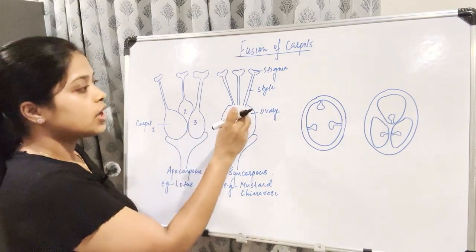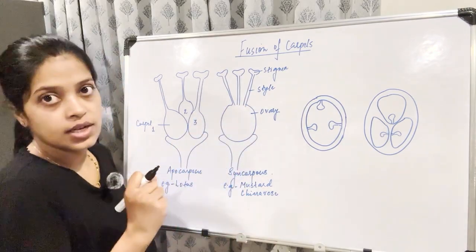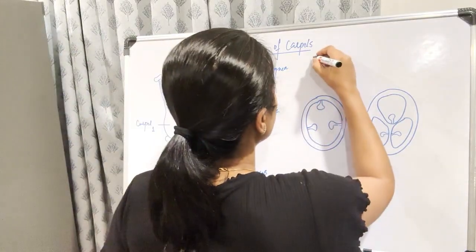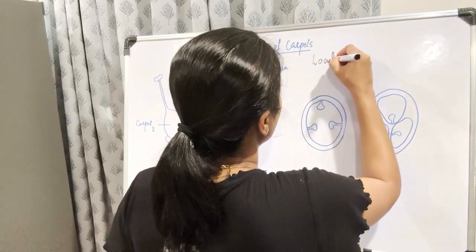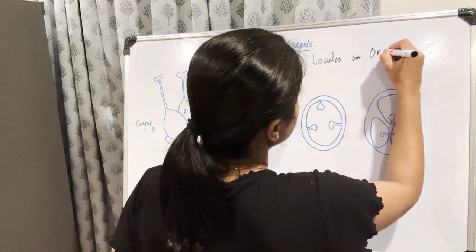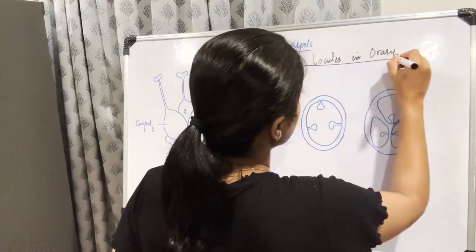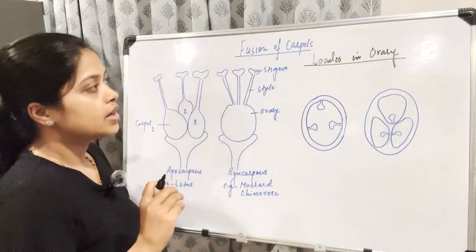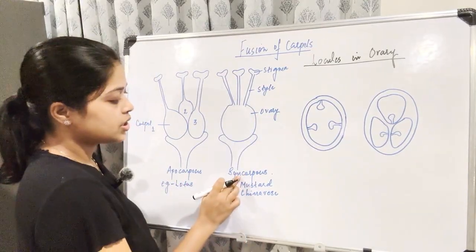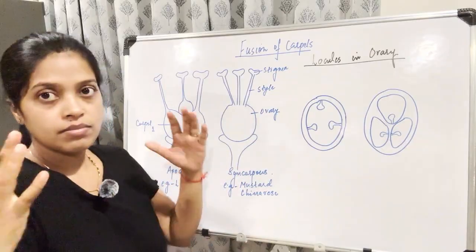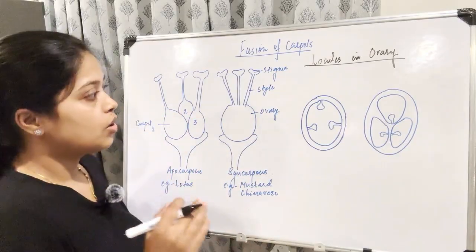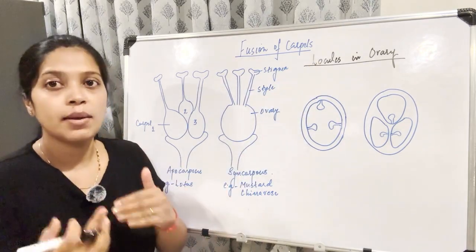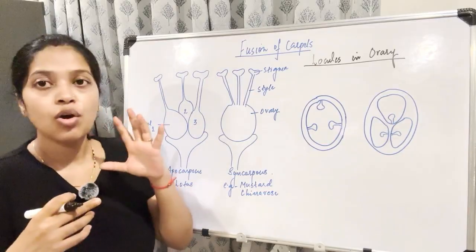Then if the carpels are fused, then we need to understand another important thing, that is called as the locules in ovary. So if there is more than one carpel, multicarpellary condition, and if it is a Syncarpous condition, means here the carpels are fused. Okay, so what is basically the locule? Basically locule is the chamber that is formed inside the ovary.